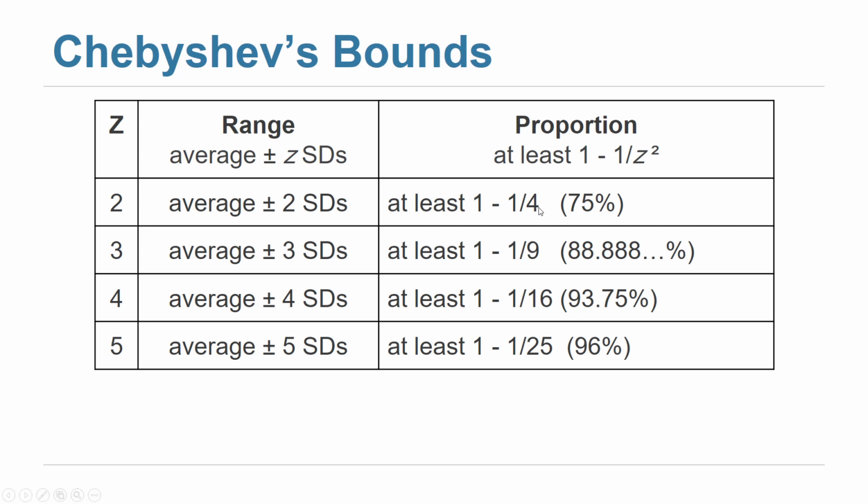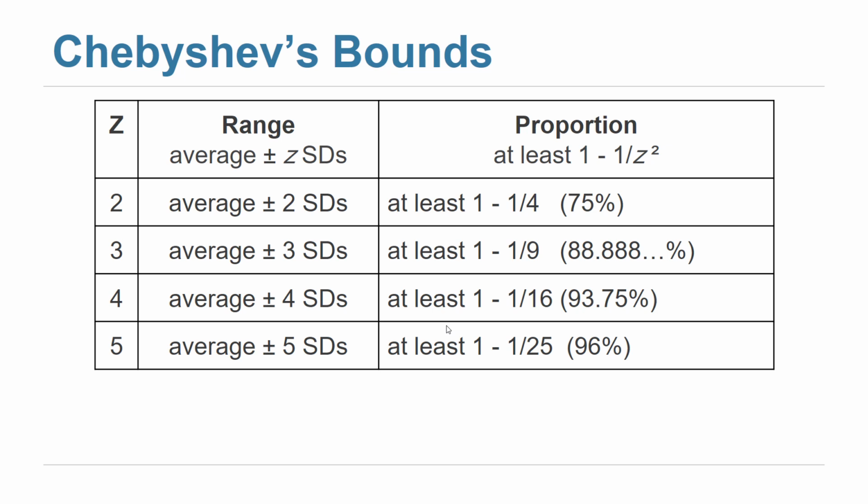Also, if z is 4, then at least 93.75% of the data will be within 4 standard deviations from the average, and so on if we want to try multiple values of z. That will give us a sense of how the data are distributed within any list of values.